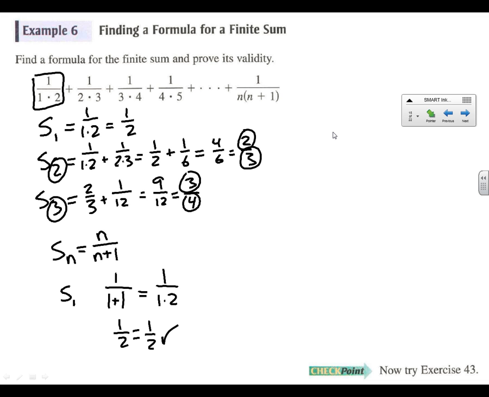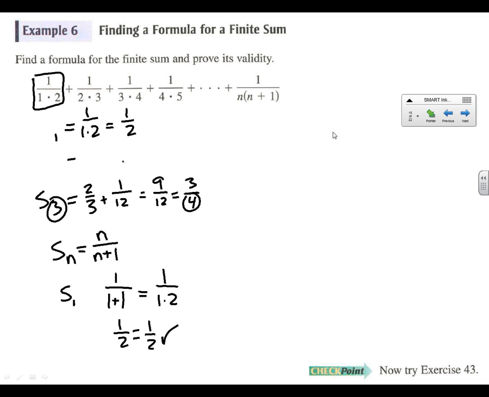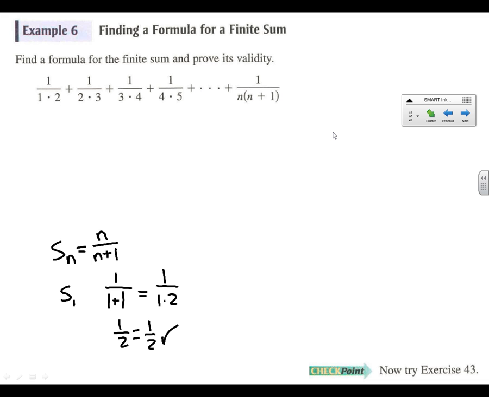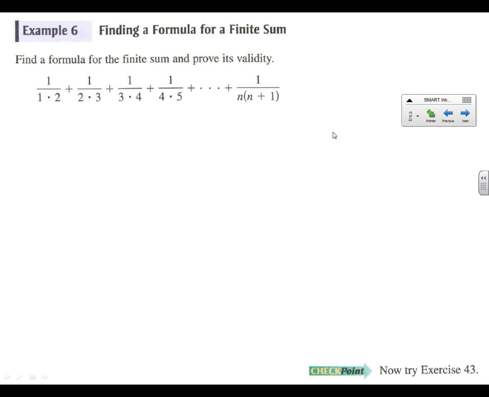Okay, so we've got this whole list. And I can actually erase this just for some space. Let's just use this already. n plus 1, n plus 1 plus 1 is n plus 2.